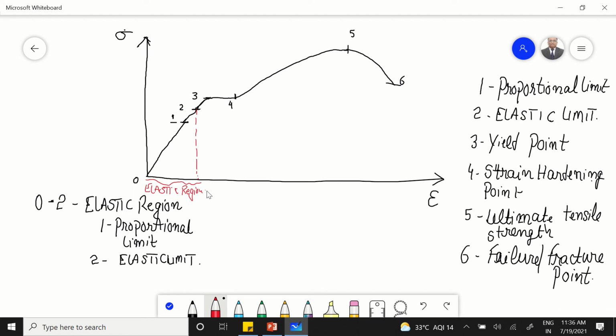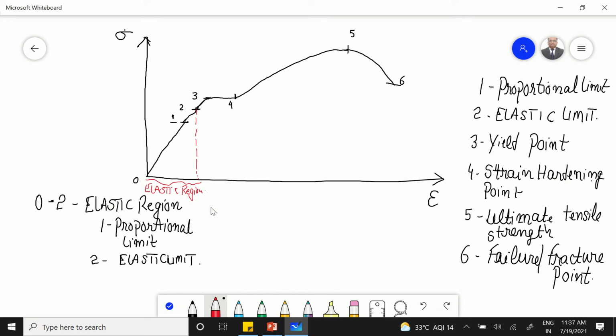This behavior occurs when the strain developed in the specimen follows a linear relationship with stress up to point number 2. That is the region where the stress produced in the specimen during the tension test follows a linear relationship with the strain developed in the material.